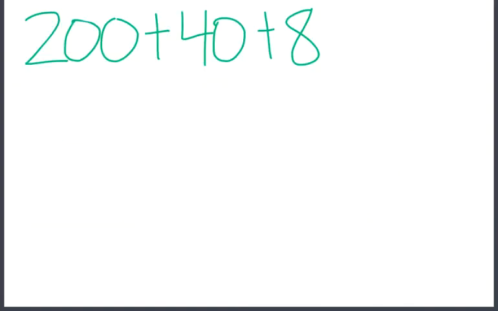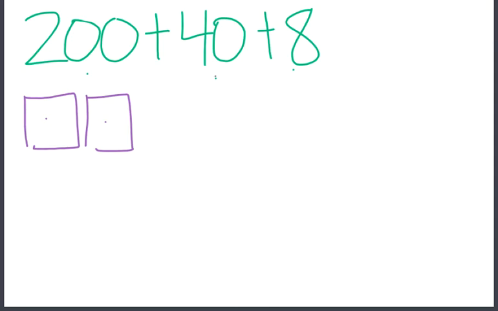Right here we have 200 plus 40 plus 8. Let's show this number using base 10 blocks. 200, so we need to draw 2 flats to show 200. 1, 2. 2 flats equals 200.